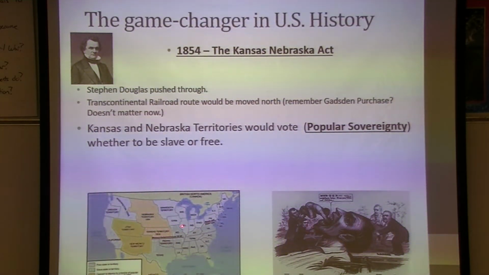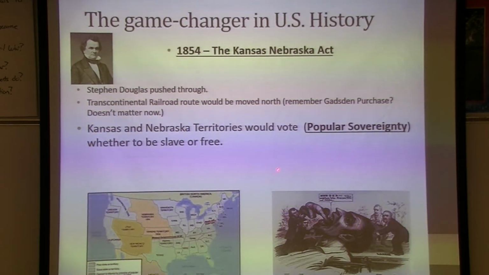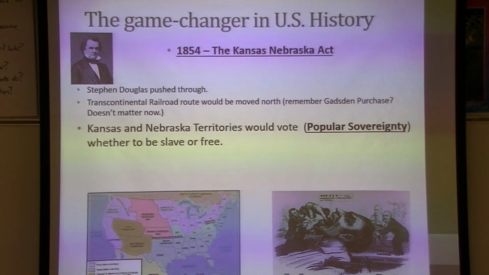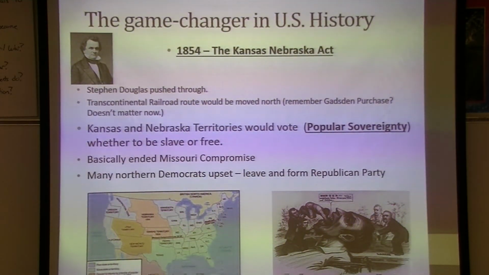For Southerners, it gave them a chance. The state of Missouri was a slave state, so they thought maybe the state of Kansas would be a free state. So they have a vote. Popular sovereignty means to vote. In this case, they are voting whether to be free or slave. This will end what was left of the Missouri Compromise.